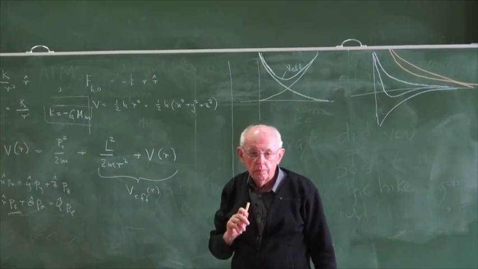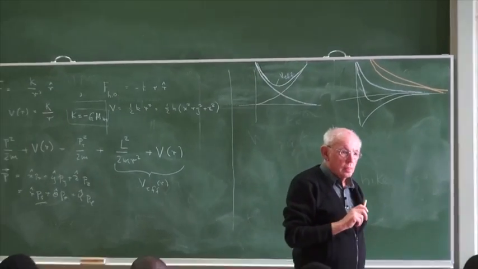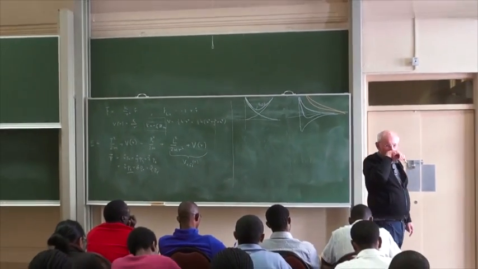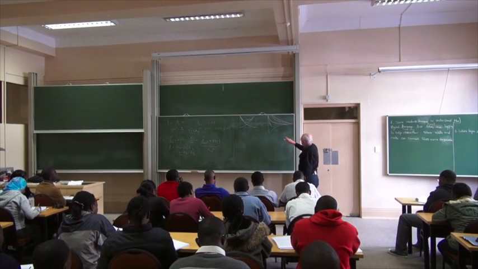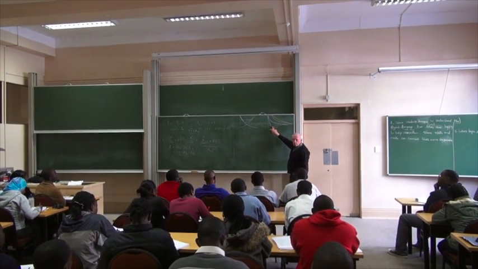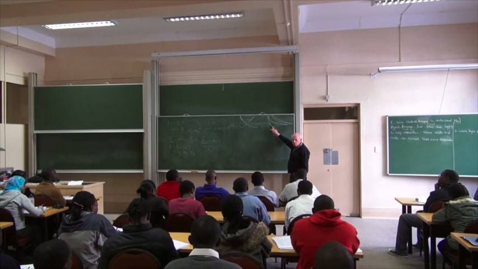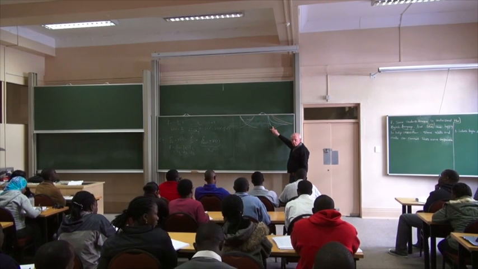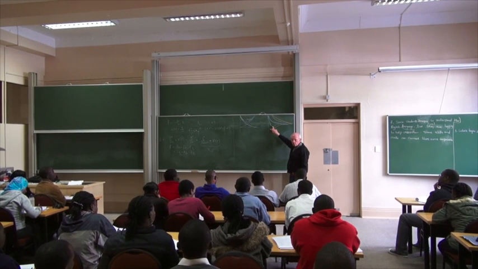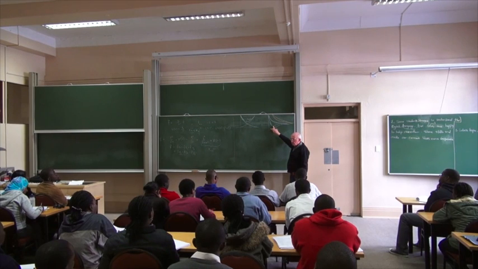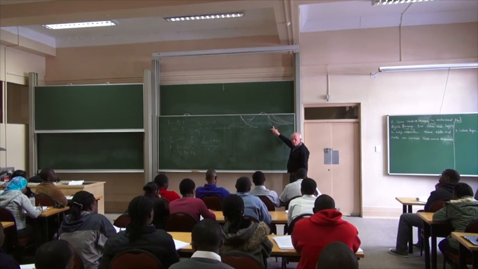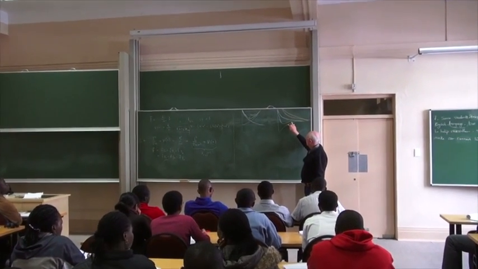What does it mean if this thing is below 0? What does it mean? Circular. Okay.